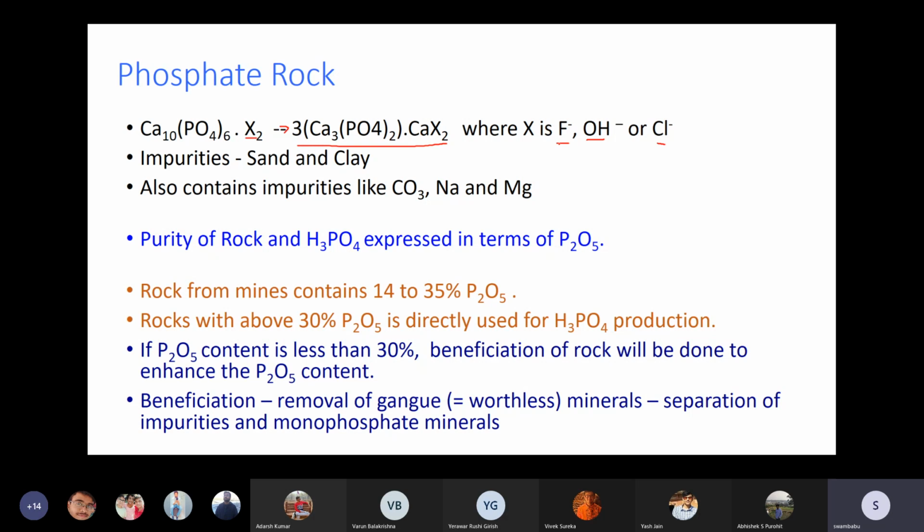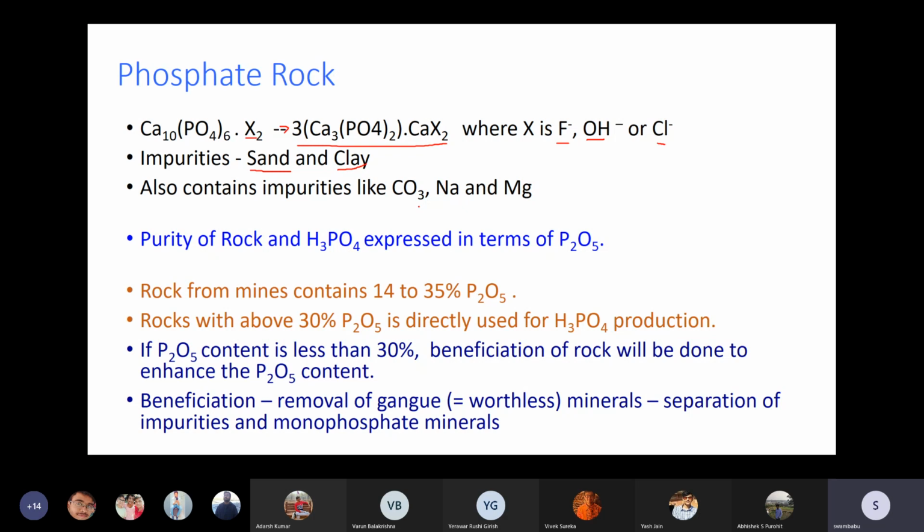Now, apart from this, it can also have sand, silicon dioxide impurities, and clay present along with the phosphate rock. And in addition to this, very small trace quantities of impurities, that is carbonates, will also be there.